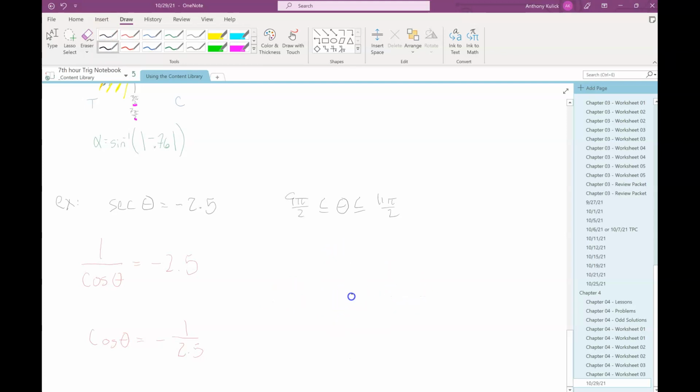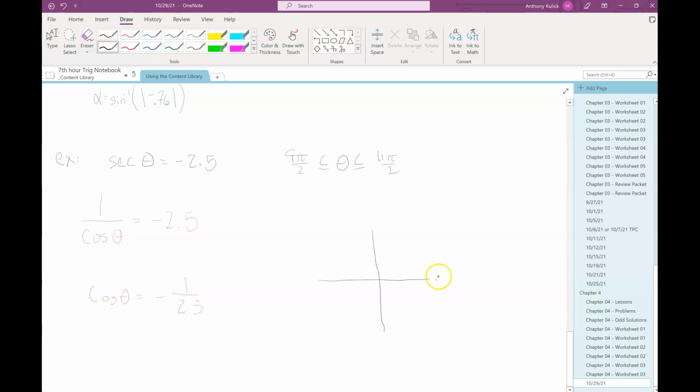So let's figure out what quadrant we're going to be working in. 0, pi over 2, pi, 3 pi over 2, 2 pi, 5 pi over 2, 3 pi, 7 pi over 2, 4 pi, 9 pi over 2, 5 pi, and then 11 pi over 2.